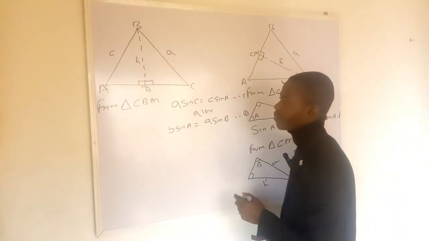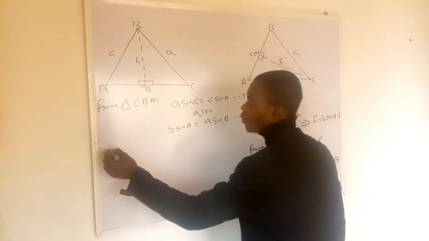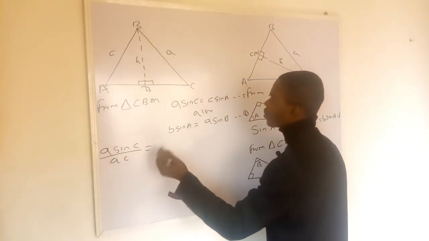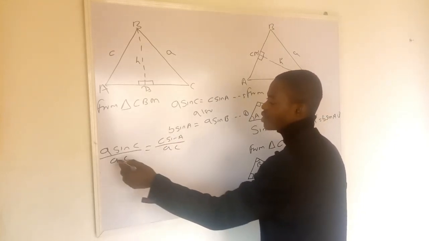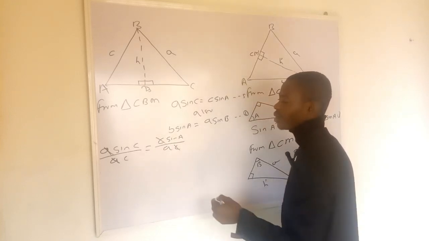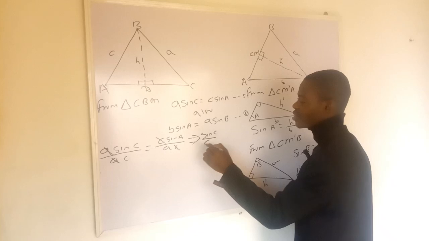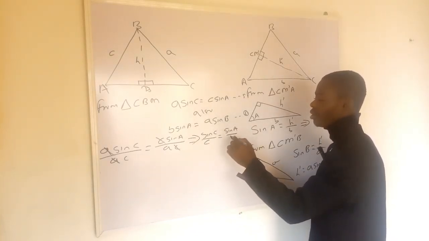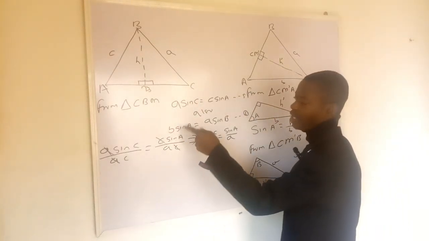From equation 5, let's divide both sides by AC, the side AC. Then we have A sine C over AC equals C sine A over AC. Notice that this reduces. Then we have sine C over C equals sine A over A. Now in equation 6, let's divide both sides by AB.